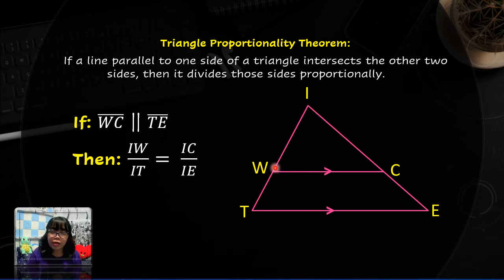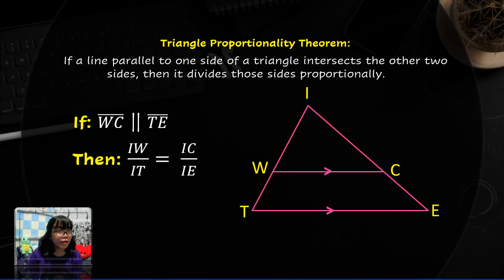We will be using IW, IC, and of course the angle here. So the included angles of the two triangles are congruent and their two sides are proportional. Therefore, by SAS, these two triangles are similar.